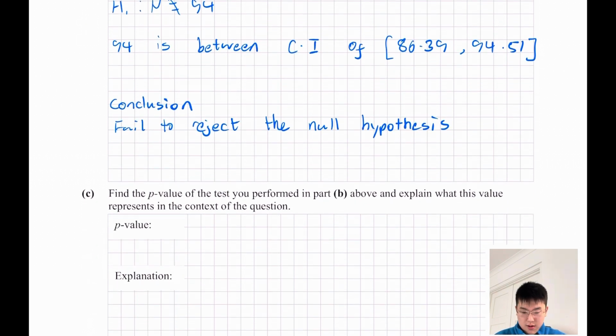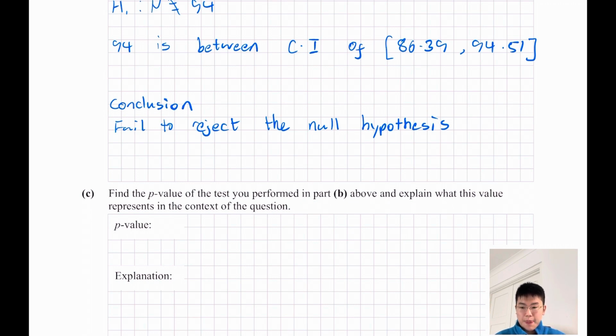Now, part C, we're asked to find the p-value, and we have to interpret what the p-value means in the context of the question. A p-value is also a way to conduct our hypothesis test, whether or not we should fail to reject or reject the null hypothesis.